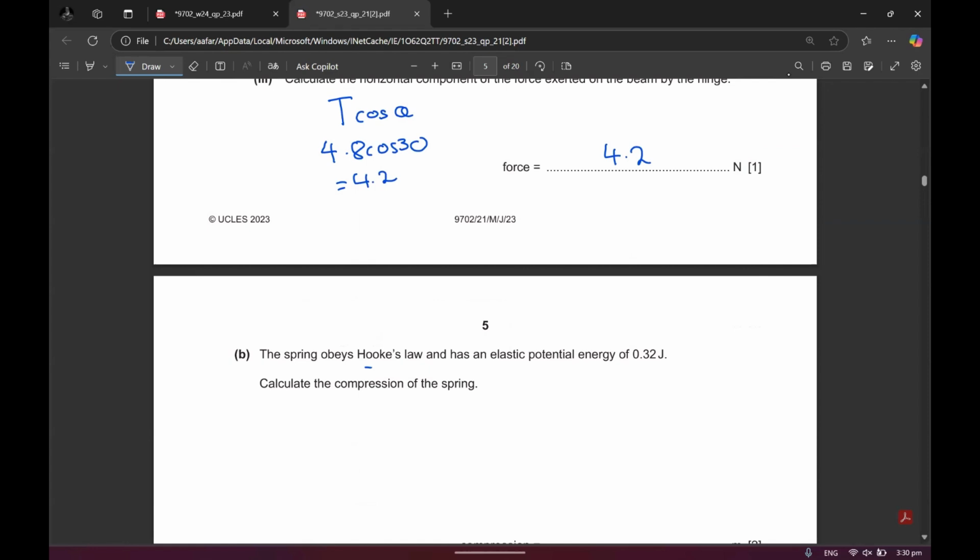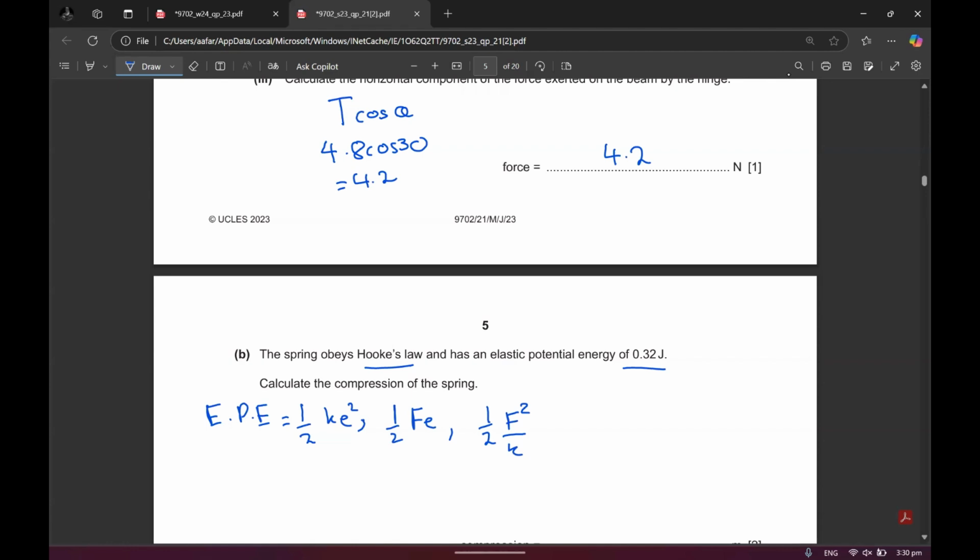The spring obeys Hooke's law and has an elastic potential energy of 0.32 joules. Calculate the compression of the spring. Elastic potential energy has many formulas like half kx squared, or you can also say half Fx, or half F squared over k.